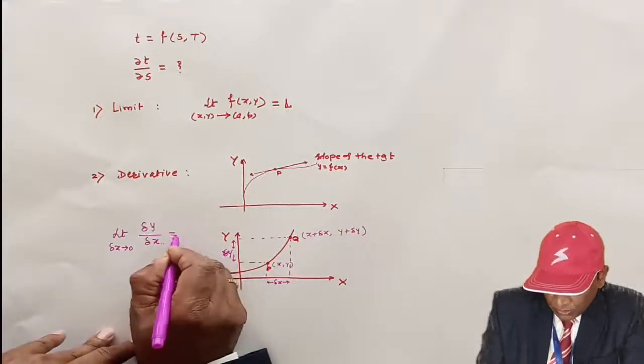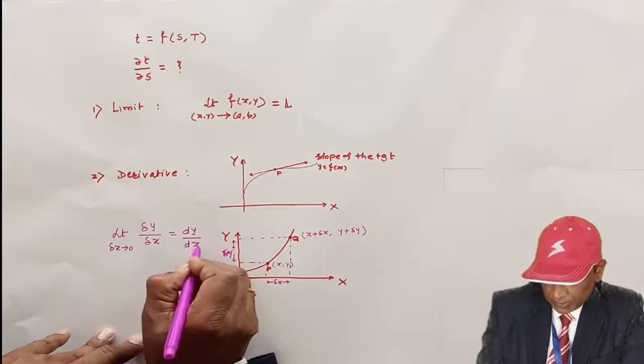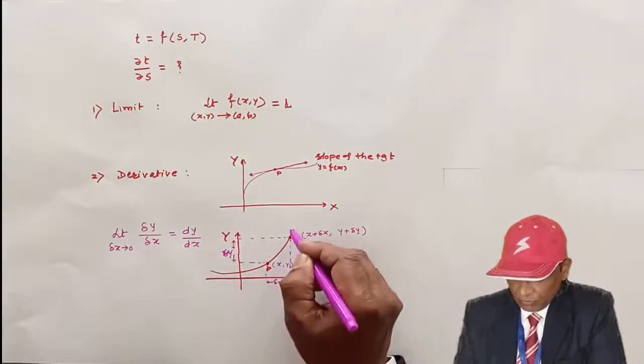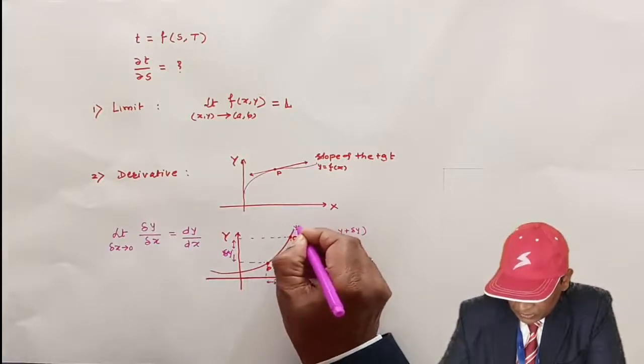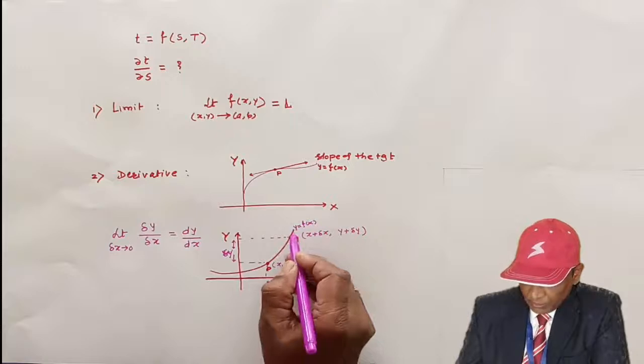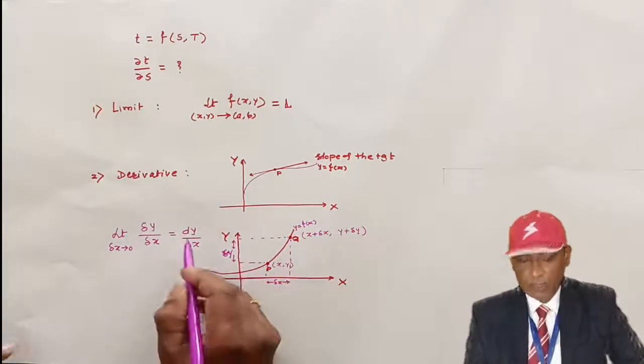This is what is called the derivative of y with respect to x. This is the derivative of this curve y with respect to x. This curve is y equal to f(x). The derivative of this curve at the point P is dy by dx.